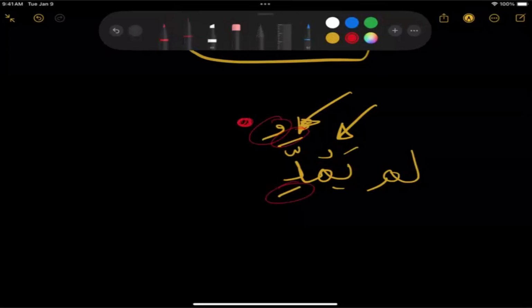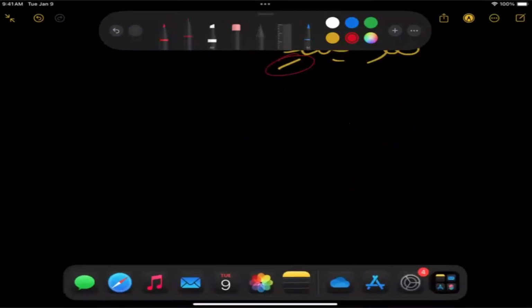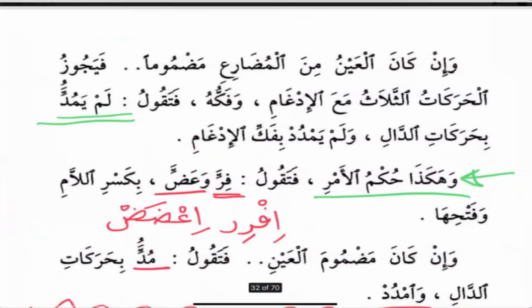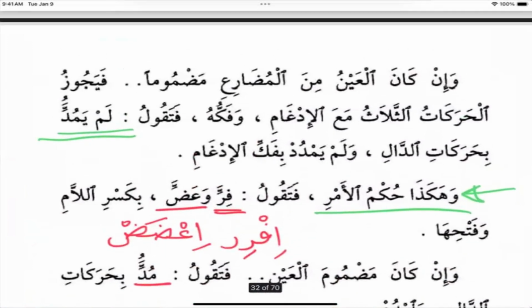Okay, makes sense. Shaykhi, last but not least, يعض, we agreed that it's ya'ad, right? Yeah, back to ya'ad. Let's see what the author says here. Sorry for bombarding you with these questions. No problem, alhamdulillah.